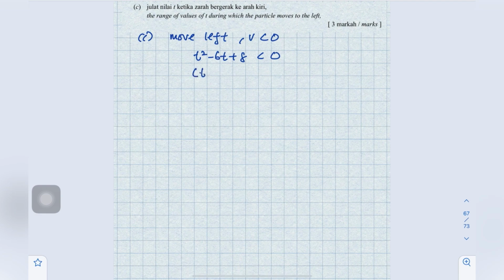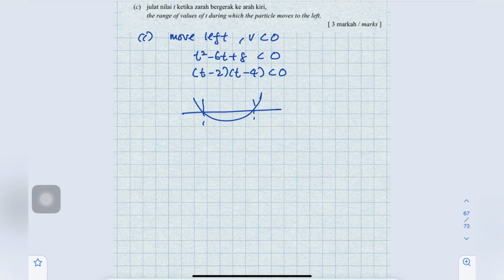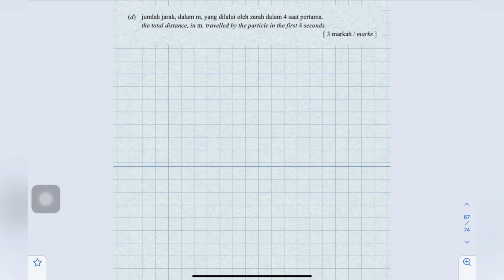We will get (t minus 2)(t minus 4), with a positive leading coefficient, so the roots are 2 and 4. Less than 0 is this area, meaning the range is t between 2 and 4. D. Find the total distance in meter traveled by the particle in the first 4 seconds.